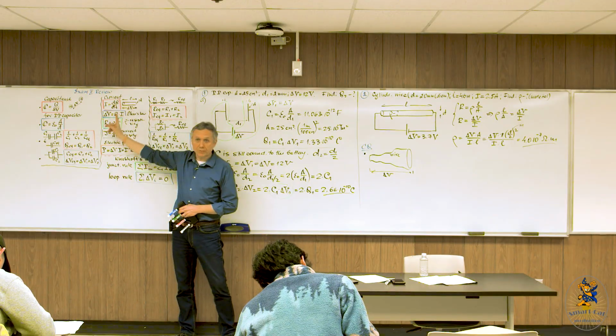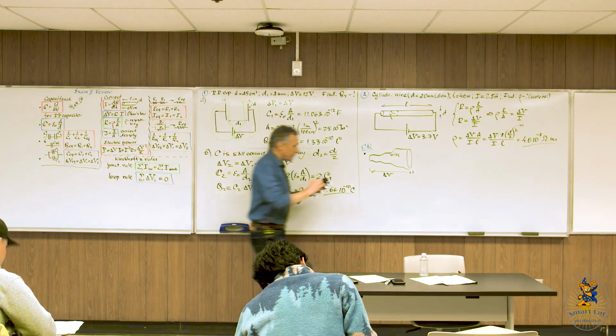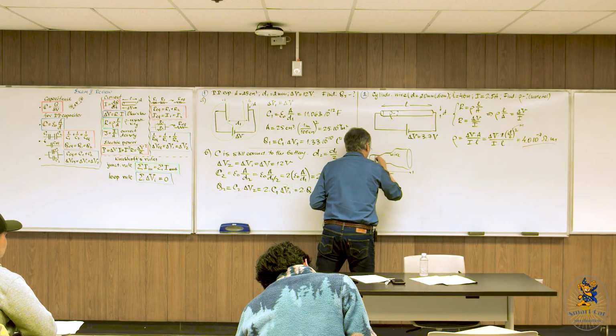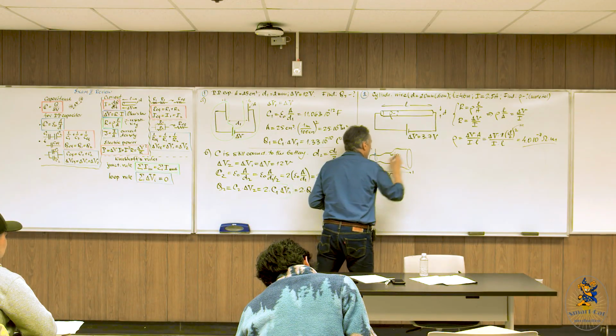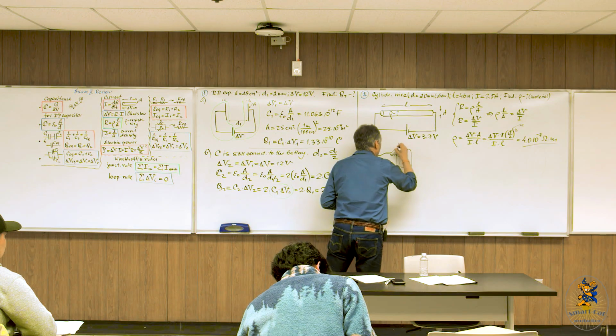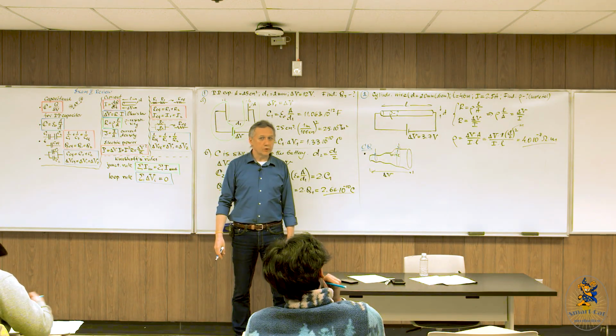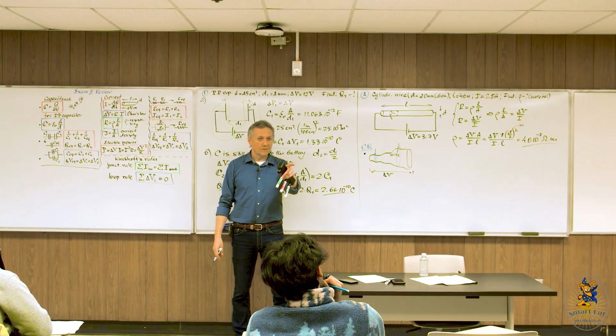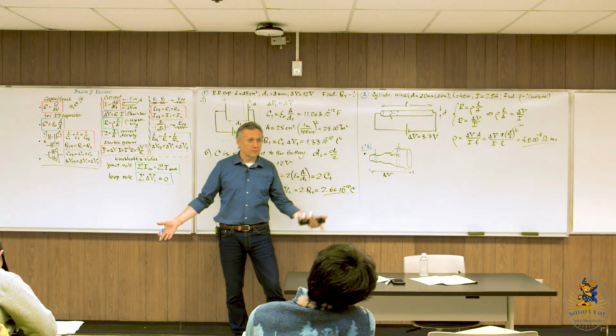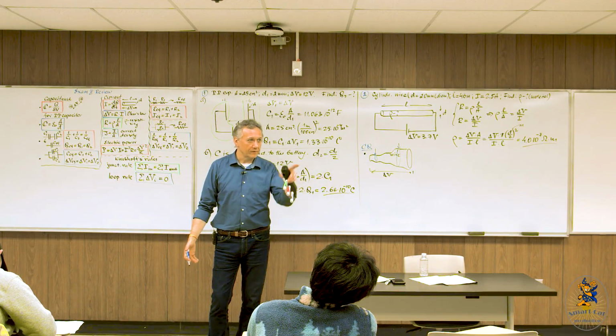So every time you need to pick a cross-section. So what if I pick a cross-section over here to measure current and over here to measure current? What can you say about those two currents? Are they going to be different, the same? Which one is larger or different?